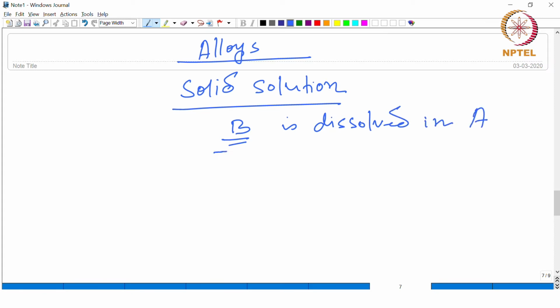So, this we will call as an alloy of B into A, or a solute solution of B into A being the parent phase, the main metal, and B being the alloying element, also known as the solute. Okay. And A is the parent phase or the solvent.